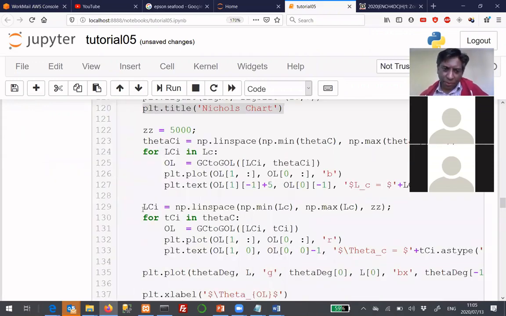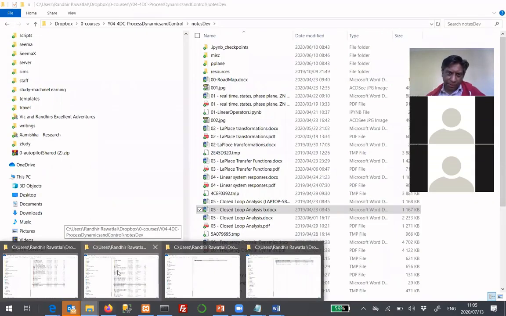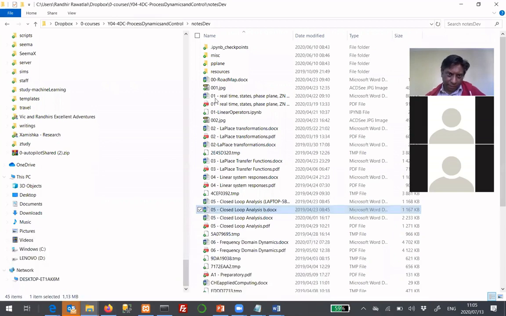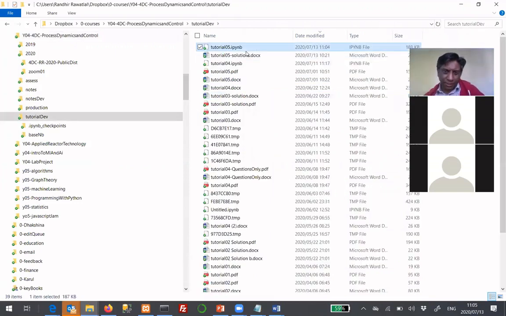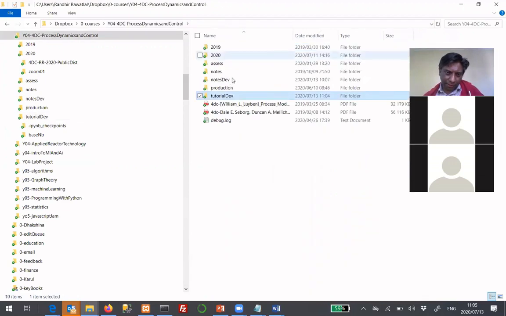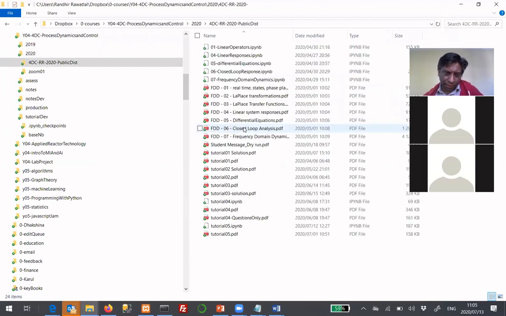Okay, I know I've changed this function a bit. Let me just make sure you've got the right version of this. See, I have a kind of development side and a production side. So this is the latest version of the Python code, and this is the distribution folder.